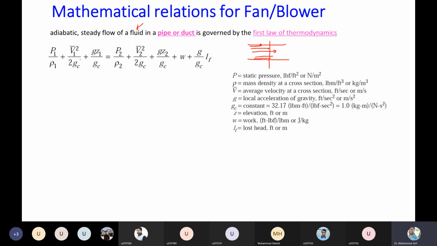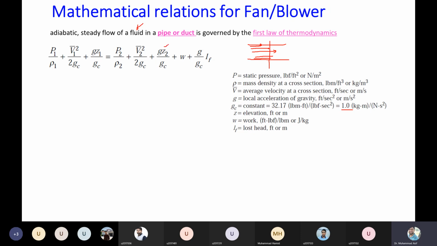That is the average velocity. g is a constant, right? You're familiar that this is the gravitational constant, whereas gc is another constant with a fixed value. For SI units it is 9.81, or sometimes you can take 1. In case of foot-pound units, it is 32.17, right?